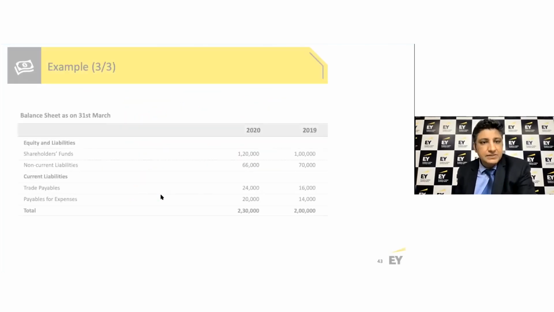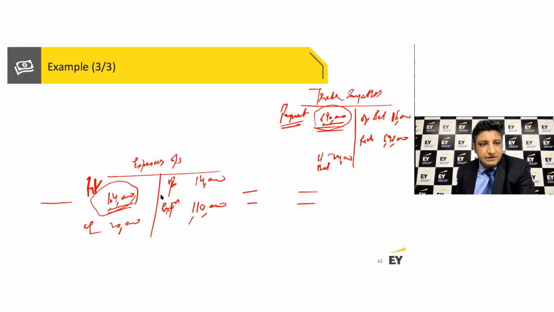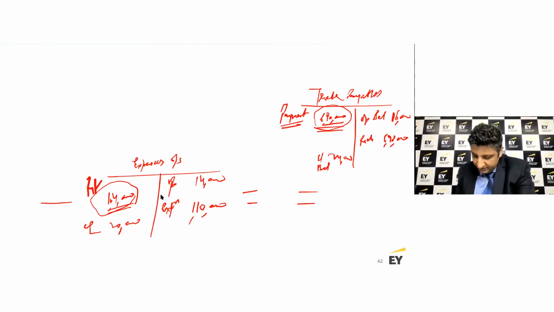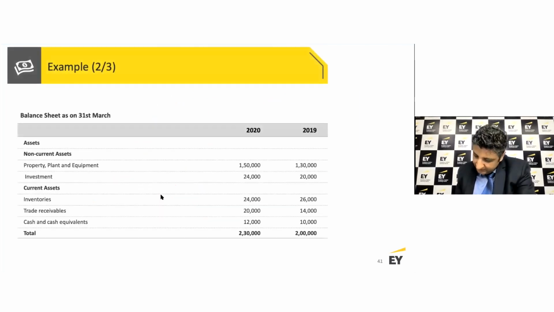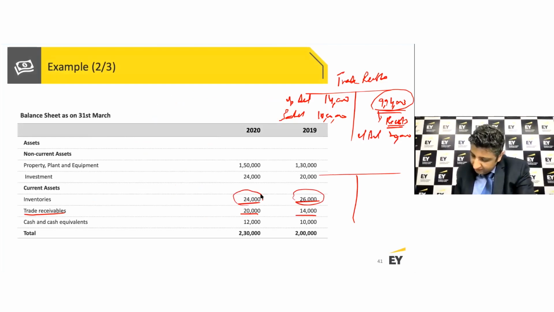When I look at these numbers, I use the balance sheet as a reference. There's also payable for expenses, by the way. So we want to pick them up as well, right? My inventories have declined by 2,000, right? So in a way, I'm releasing my inventory and I'm creating cash for myself, right? Notionally, but yes, the cash is created.